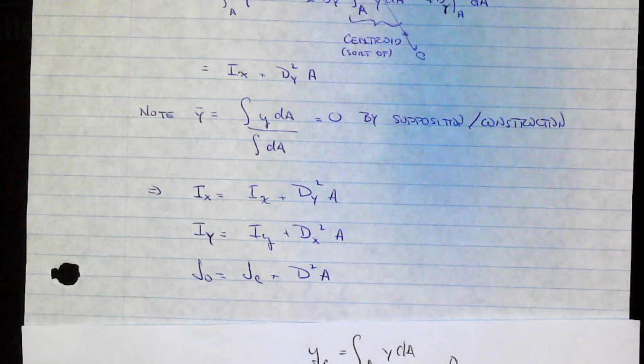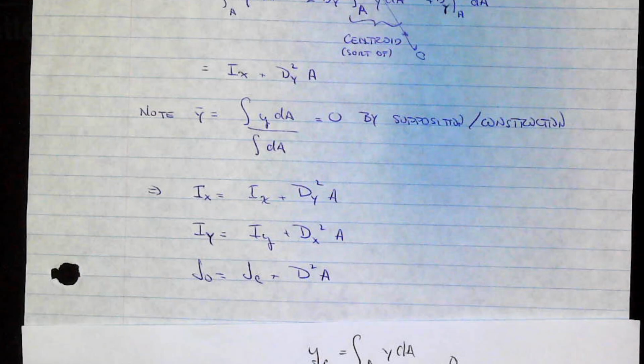The 0 comes from the top part. So this is the top part of our centroid equation, which by construction we had at the centroid. That means this is a 0. All right. That means that falls out, so we're left with I little x plus dy squared A.